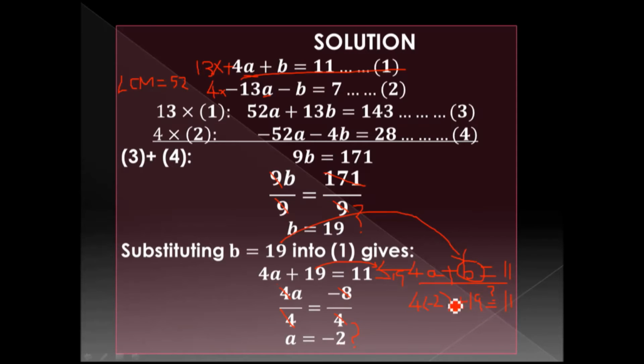So 4 multiplying minus 2 gives us minus 8, added to 19, which gives us 11. Does it? Well, we are still in the process of validating, so the question mark is still relevant. So minus 8 plus 19 does indeed give us 11. Hence, we have just validated the solutions of a and b.